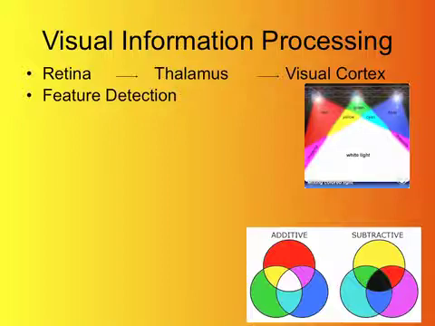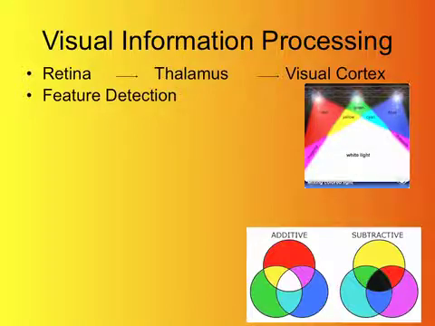These feature detectors receive information from individual ganglion cells traveling from the retina, and they respond to specific elements of a stimulus, like the outline, the color, the texture, or whether or not it's moving. These feature detectors then pass that information along to the proper cortical areas in the brain.